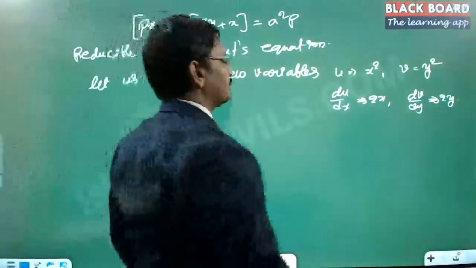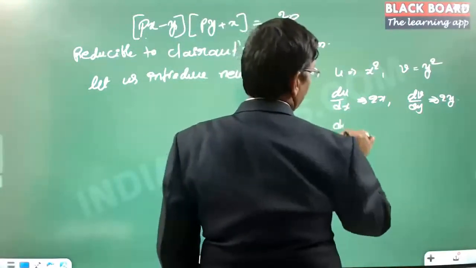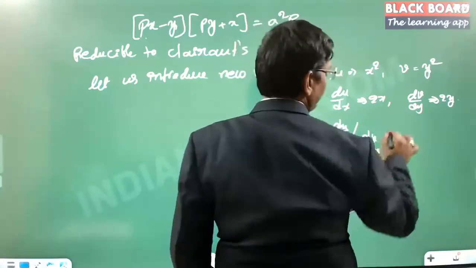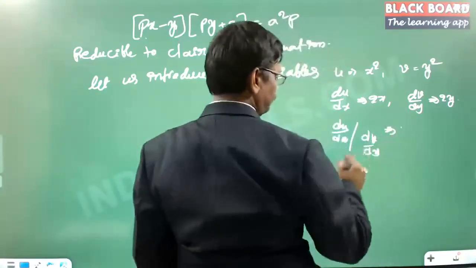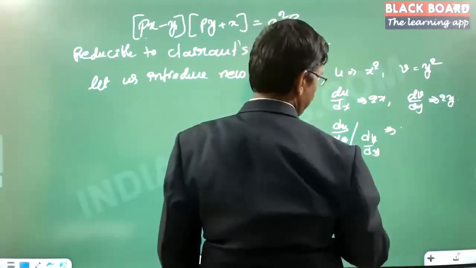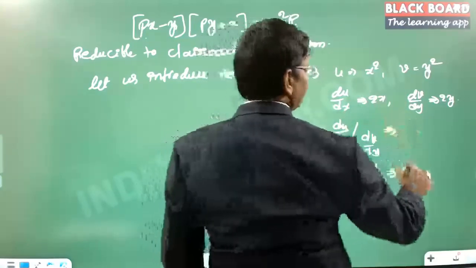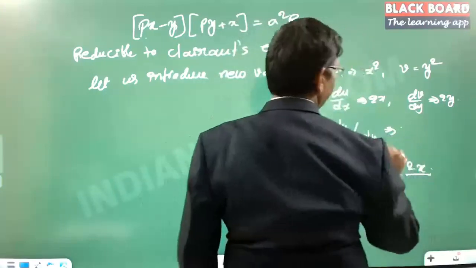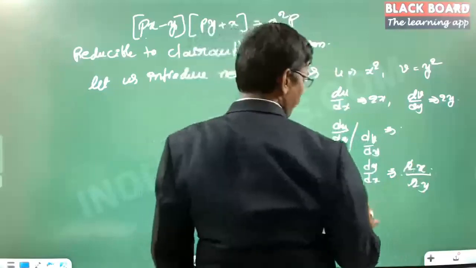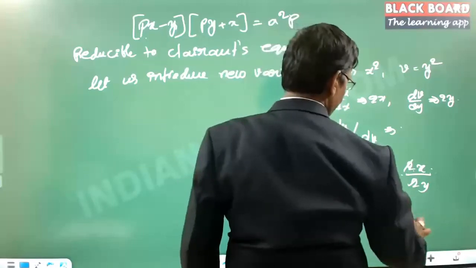If you take the ratio, (du/dx)/(dv/dy) can be treated as (du/dv)(dy/dx) = 2x/2y, and these two cancel, so (y/x)(dy/dx) = dv/du.